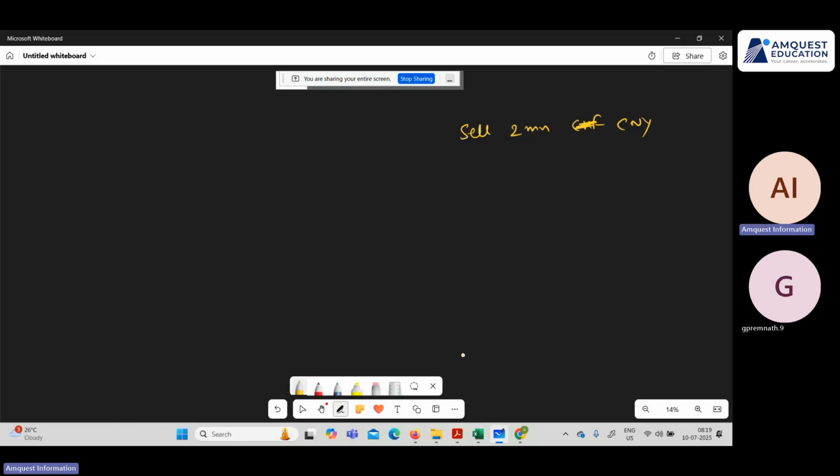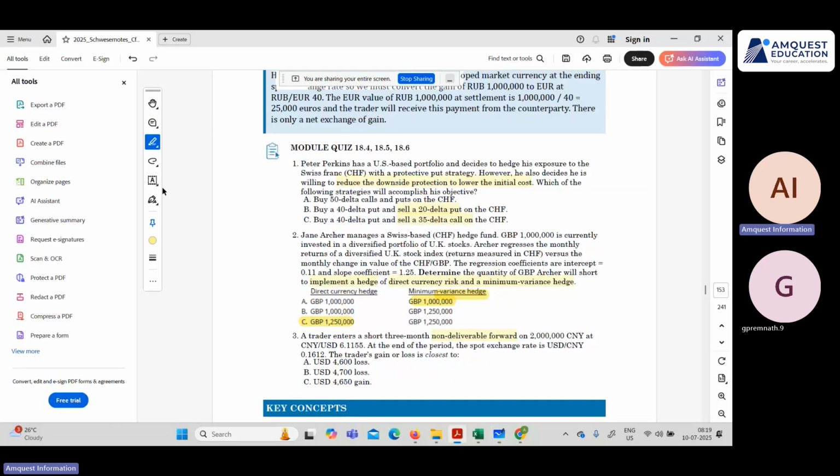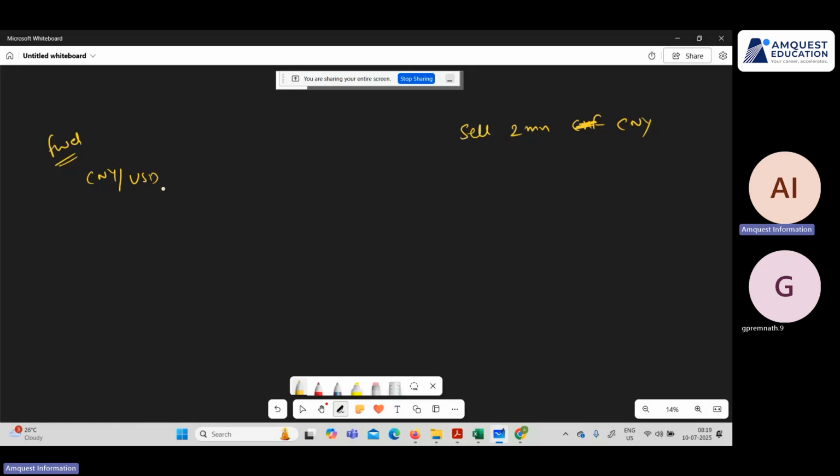So as per the forward, the rate is CNY by USD, which is right because I want everything in the major currency. I want everything in CNY by USD and it is given by 6.1155.